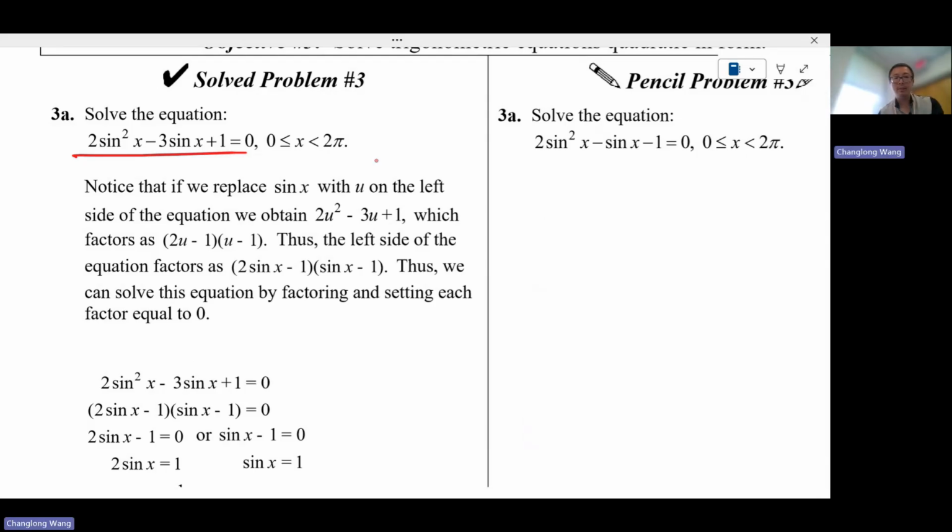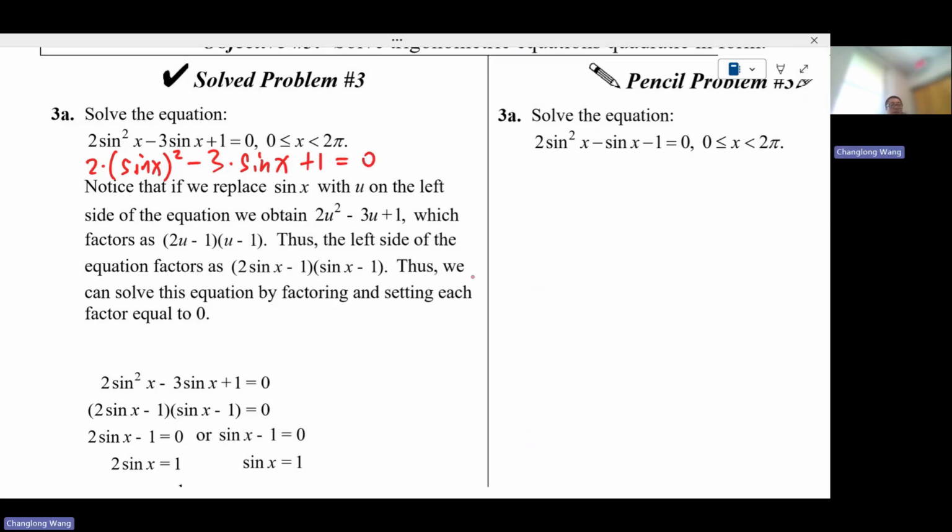Now I think that sometimes people might get a bit confused about the way of writing the square of sine and cosine tangent. Do you realize that it's the same thing as writing 2 times sine of x entirely to the second power minus 3 times sine of x plus 1?